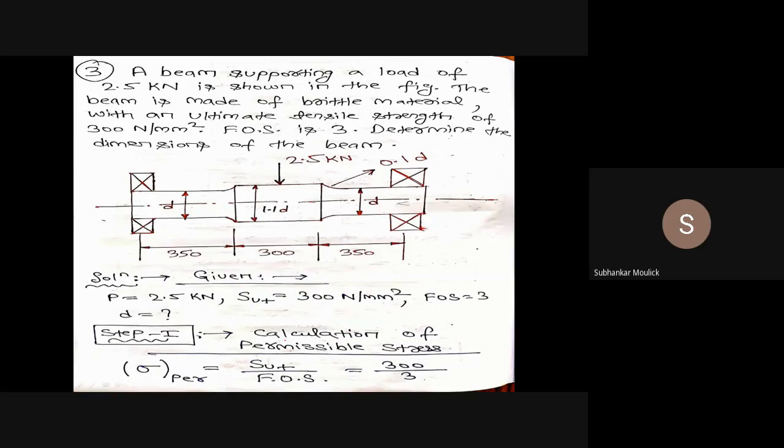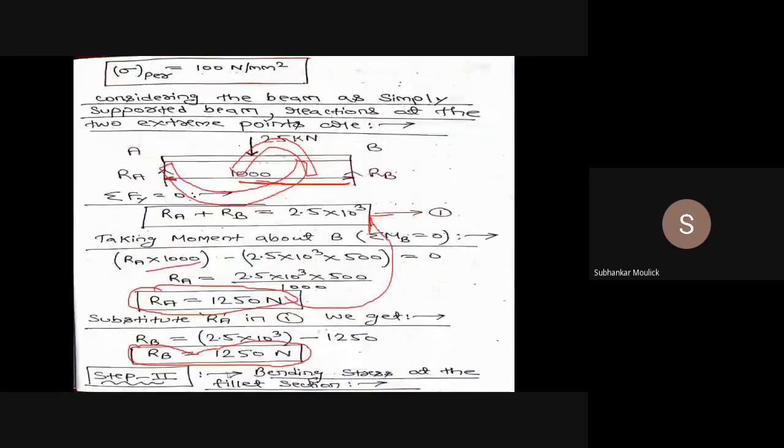What is the value of the diameter of the shaft for the mid cross section of the beam? 1.1 D. Yes, you will not take it as small d. Now you are analyzing the bending stress generated due to the 2.5 kilonewton load at the mid cross section of the beam, and the mid cross section has a diameter 1.1 times d. Remember this in this question.